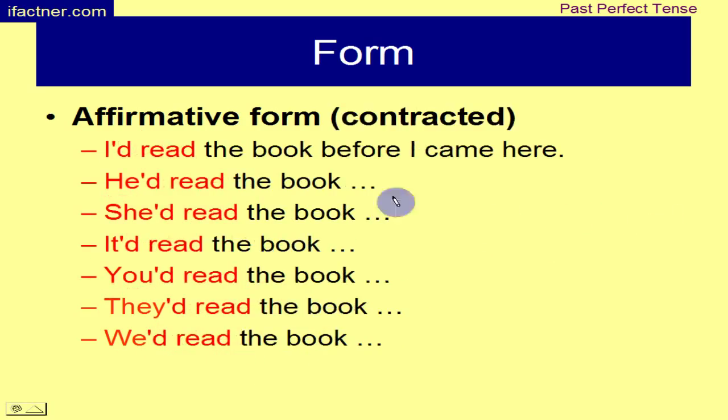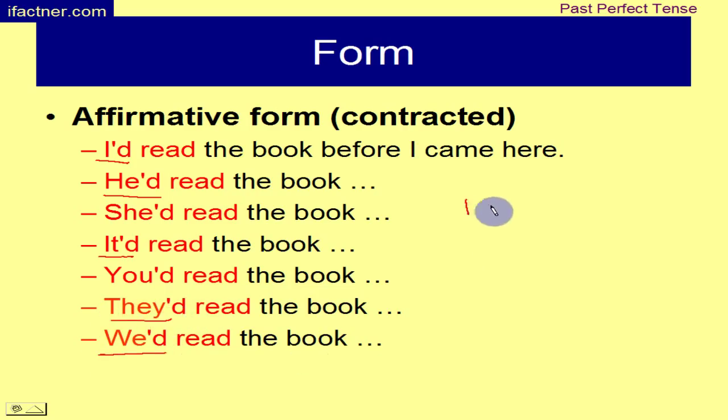We can also use the contracted form of had. There is I'd read the book, he'd read the book, she'd read the book, it'd read the book, you'd read the book, they'd read the book, and we'd read the book.